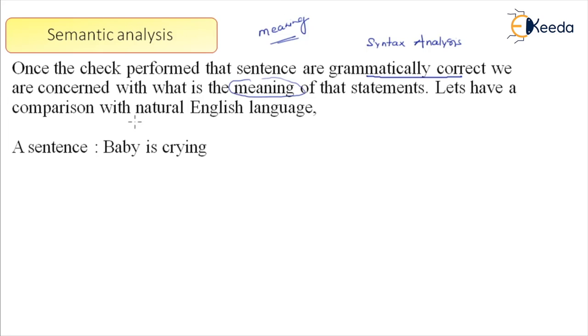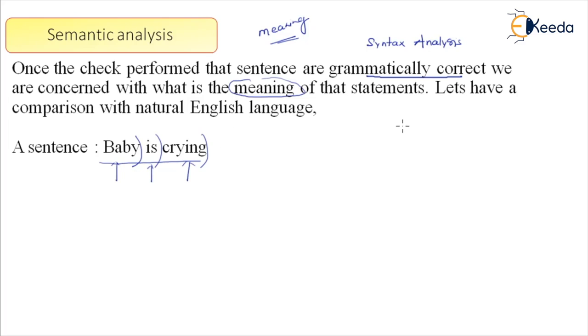Let's have a sentence in natural language. We use this sentence in natural language: "That baby is crying." What we have done is first we have linearly analyzed each and everything, that it is one unit, second unit, and third unit. Then we have performed whether this sentence is correct or not.